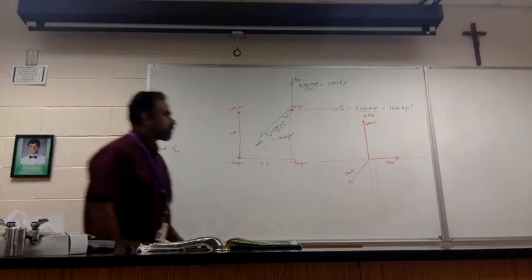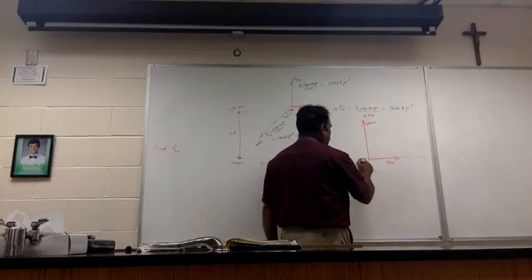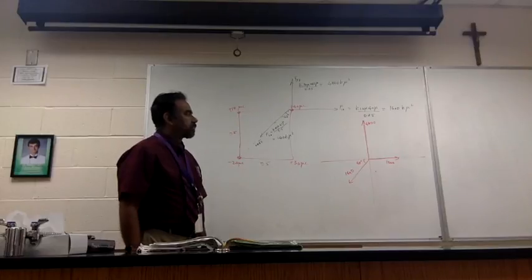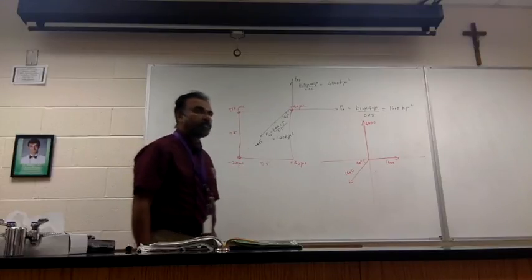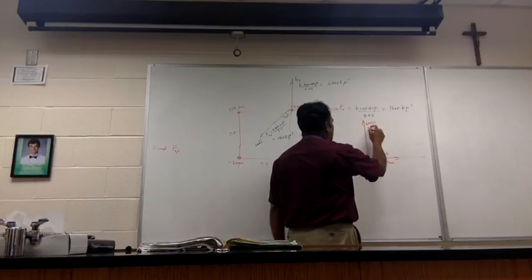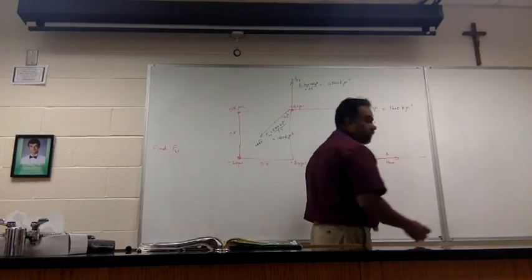So I have three forces, and the angle here is 45. And I want to find the resultant of the three forces. So let's call this force A, force B, force C, and then you know what you're going to do.